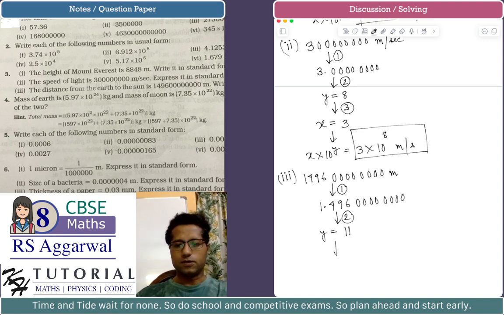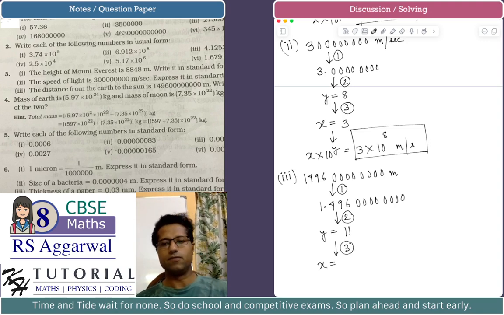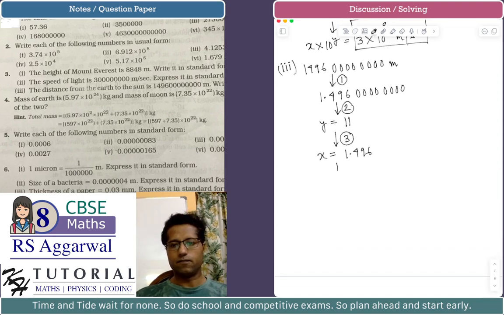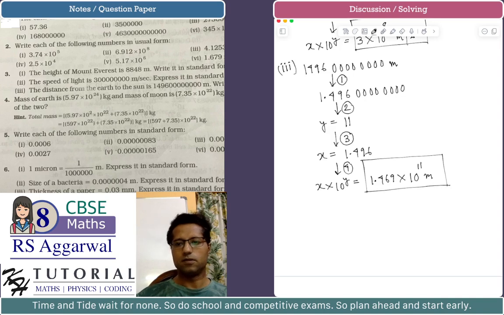After step 3 we find x, which is the number obtained after step 1, ignoring all the trailing zeros. So it becomes 1.496. And finally, after step 4, the standard form will be x multiplied by 10 to the power y, which is equal to 1.496 multiplied by 10 to the power 11 meter. So this is the distance of the earth from the sun in standard form.